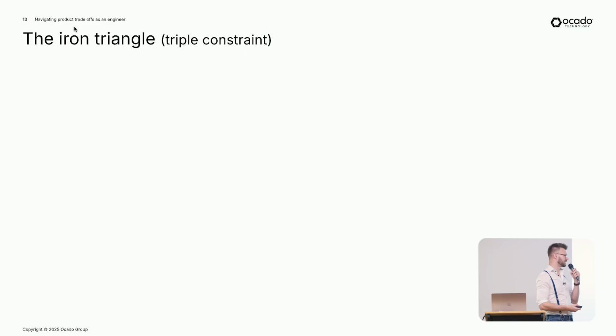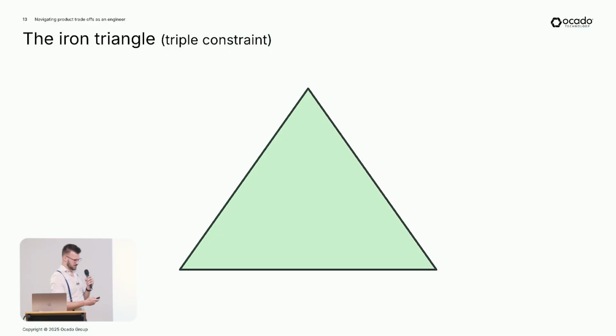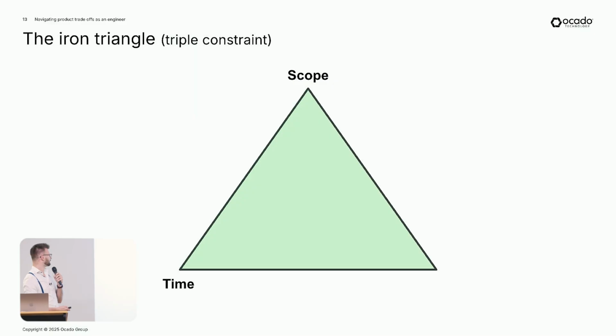One common example of a trade-off is the iron triangle, or sometimes called the triple constraint, which is a triangle of scope, time, and cost. And the resultant of this triangle is quality in the middle.